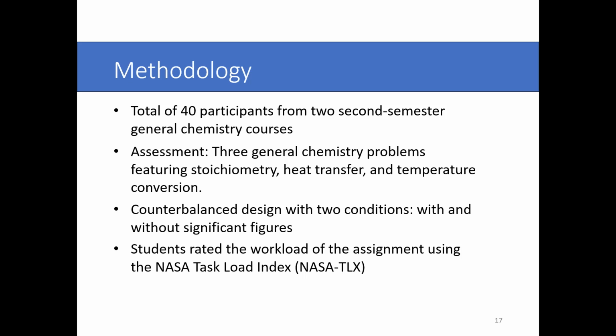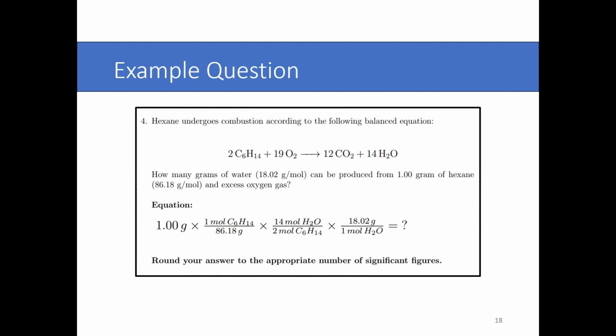What that means is that half of the students saw those 3 questions with the significant figure rules, then they did them again without significant figure rules, and then for the other half, the conditions were reversed. Half of them saw them without, and then they saw them with significant figure rules. And then after each question, they rated the mental workload of the questions using something called the NASA Task Load Index. And so let me just give you a few visuals.